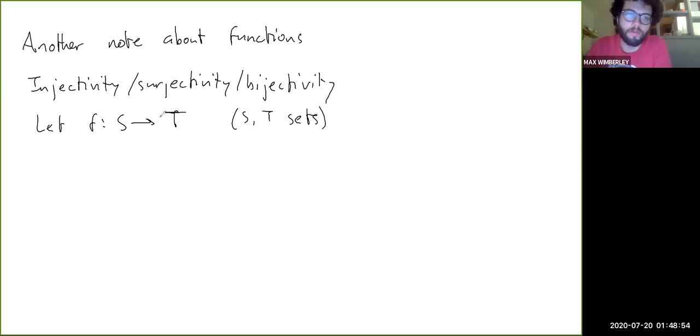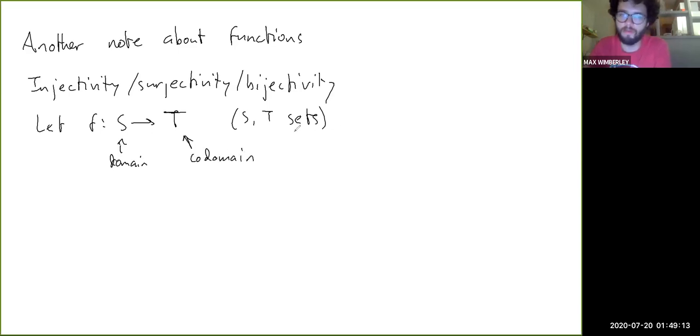And it would be good to familiarize yourself with this notation as well. When we write f colon S arrow T, that means S is the domain of f, and T is the codomain.